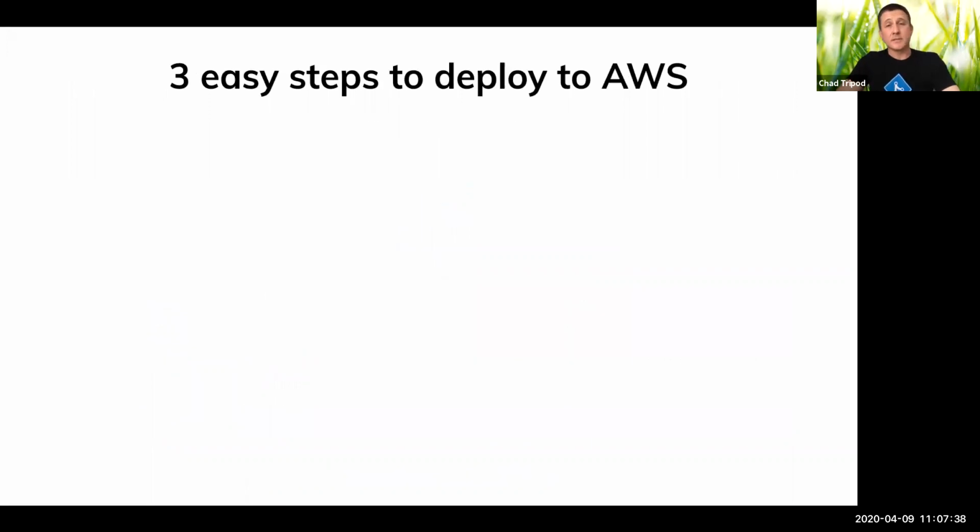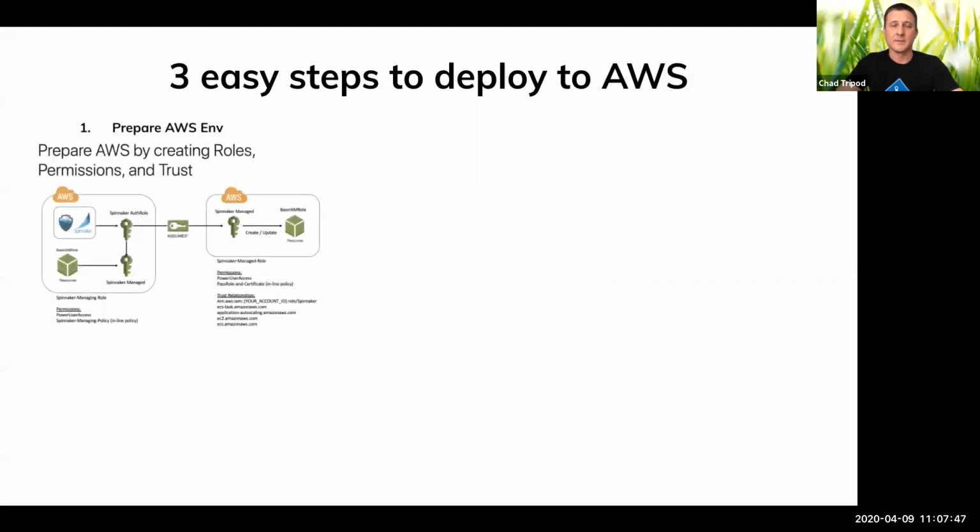It's actually pretty easy, and we've baked it down into 3 steps. To get Spinnaker provisioning and talking to AWS through the provider is very simple. The first step is to prepare your cloud environment. This would be true against pretty much any cloud. You have to have some sort of roles and permissions, some levels of access.